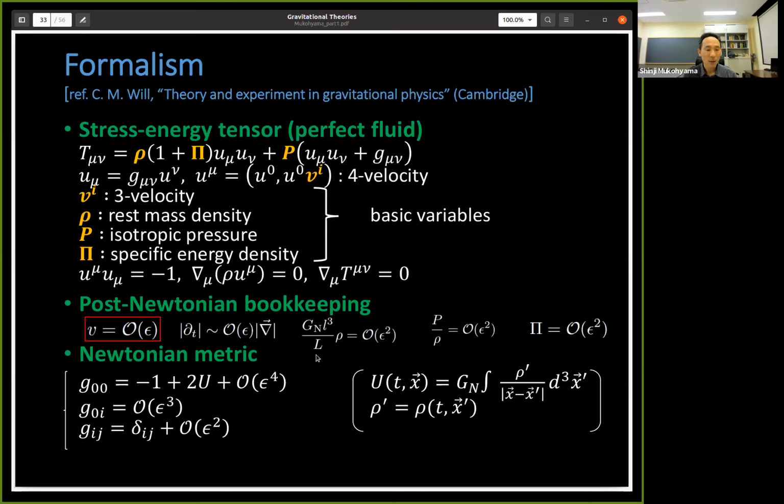Before going to the post-Newtonian, we need to specify the Newtonian metric, which is given by this. The only non-trivial part is the 0,0 component, which is Newton's potential. If we consider a theory which is not GR, then G Newton here is not a trivial thing.